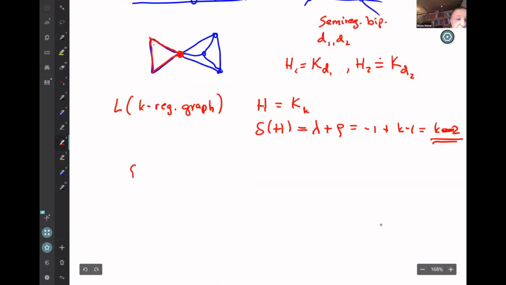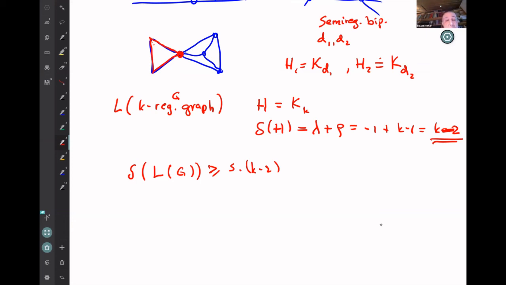So the spectral gap of the line graph of a K-regular graph G will be at least this S times K minus 2. I think S is 2 in this case, which is 2 times K minus 2.